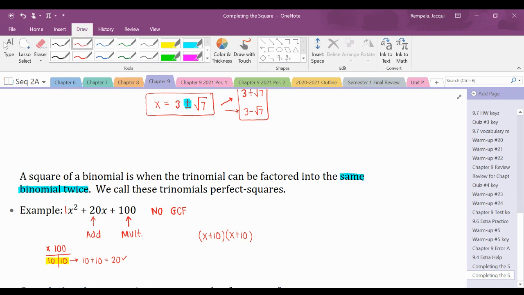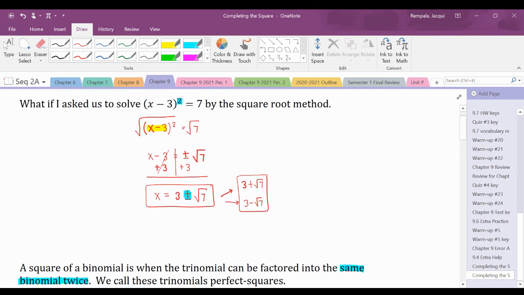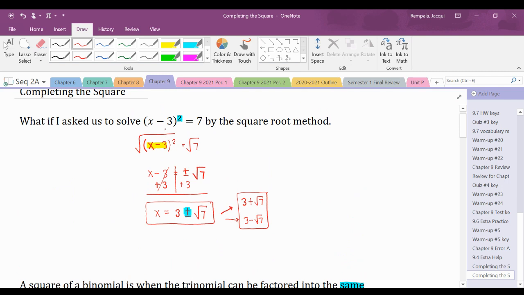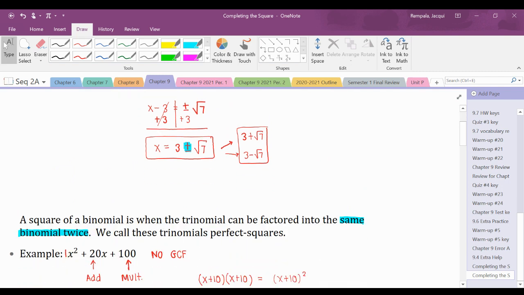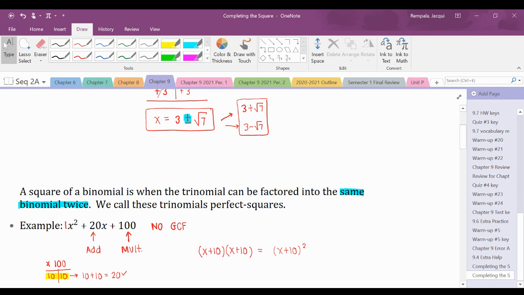And so when that's the case, you actually get to write that as (x plus 10) quantity squared. Notice that that looks kind of familiar. We just did that example right above. Notice that (x minus 3) quantity squared is something called a perfect square trinomial. It factored into the same binomial twice. So we just wrote it once and we put the square at the end.